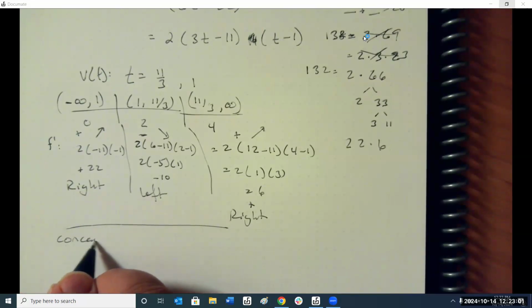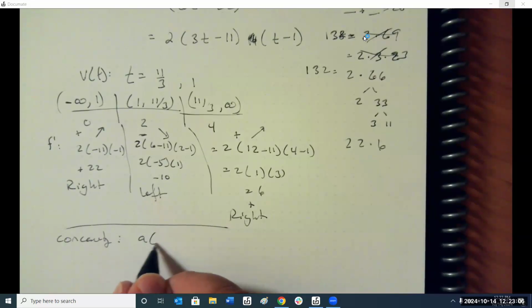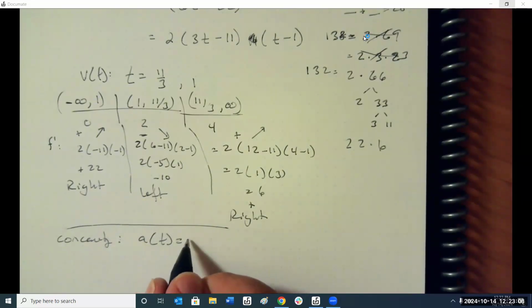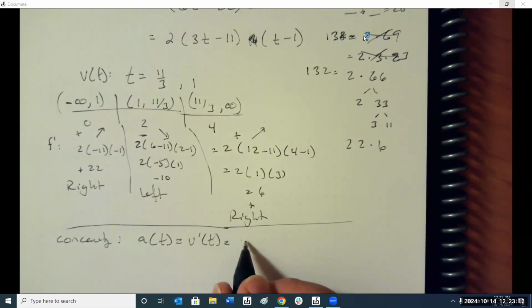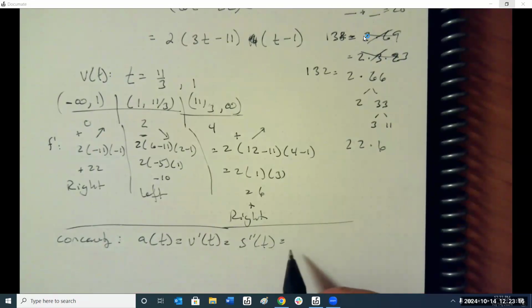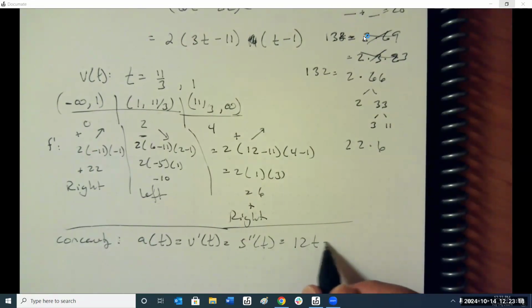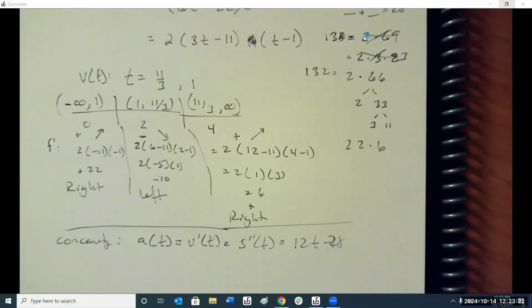Concavity, I use the acceleration, which is the first derivative of velocity, which is the second derivative of my position function. 12t minus 28. Just solve that.